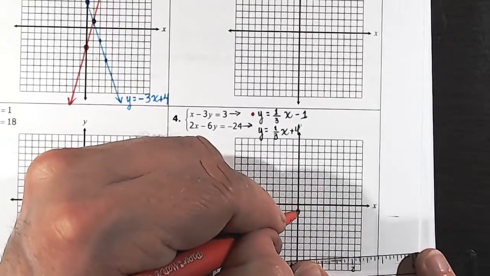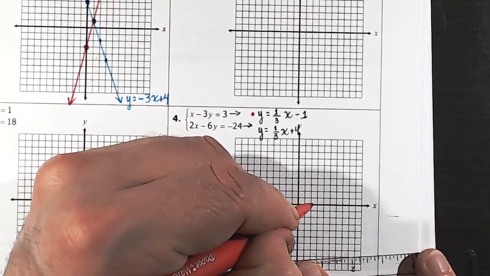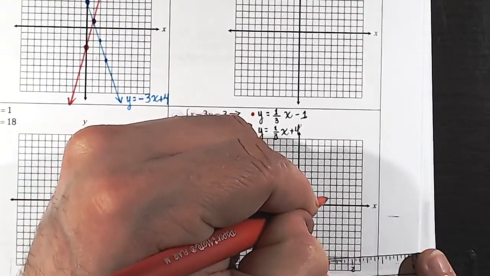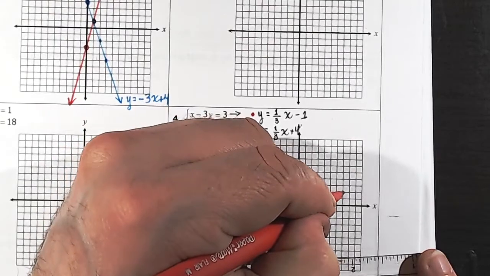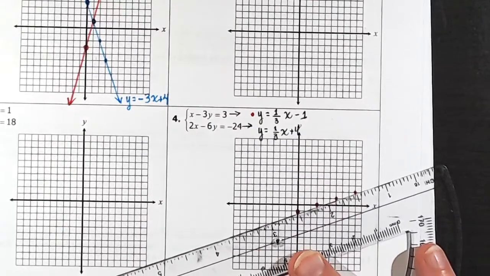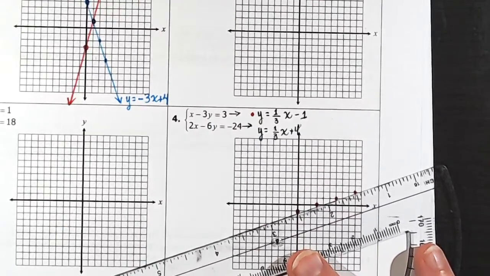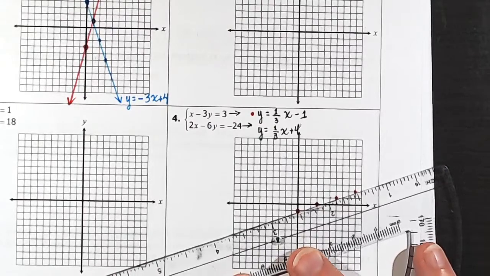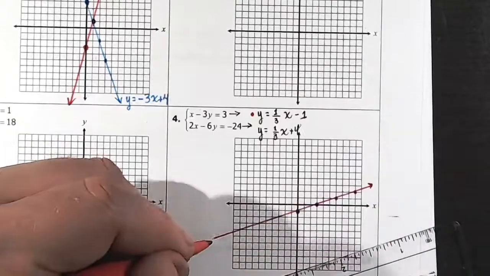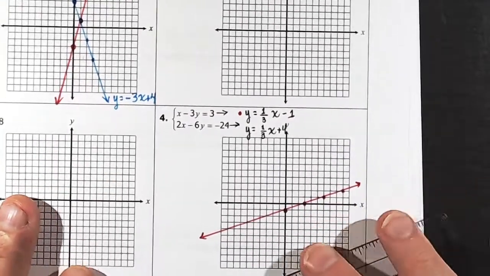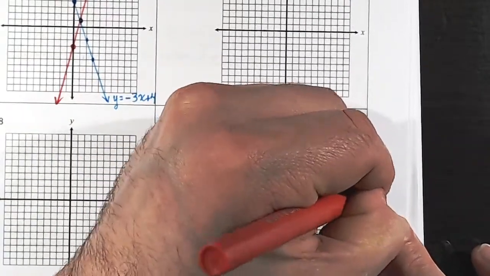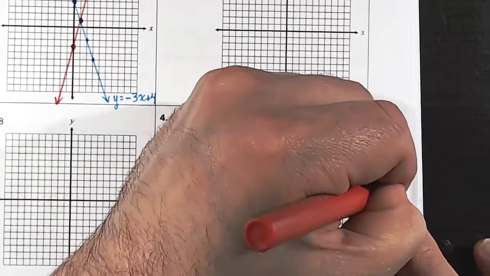Up 1 over 1, 2, 3, again, until you've got several dots all kind of in a line. And now we connect all those dots and we draw in our line. And this line, remember, we have to label it. This is y equals 1/3 x minus 1.